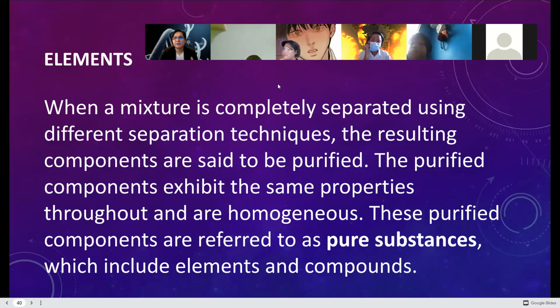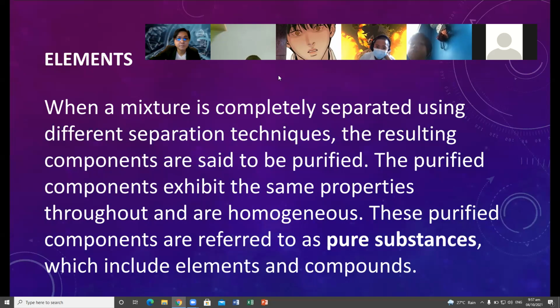Instead of rehydrating the body, if there is more salt, it can cause dehydration. That is the effect of the solutes or percentage composition.